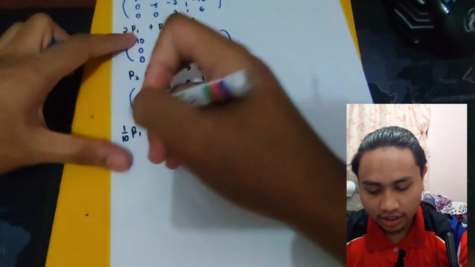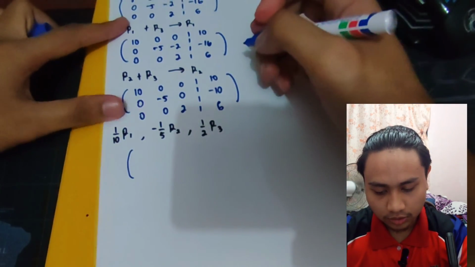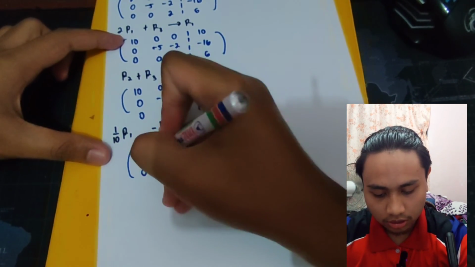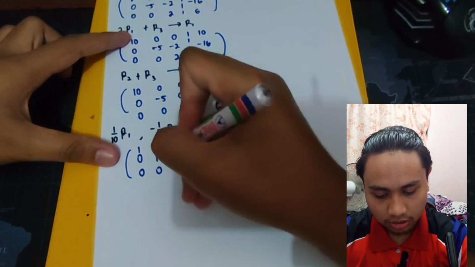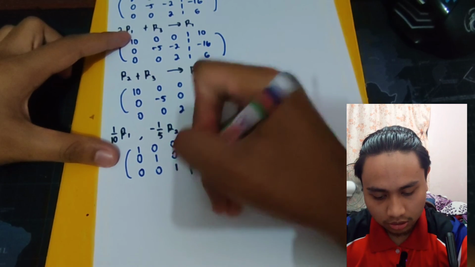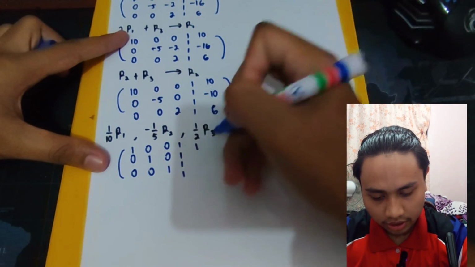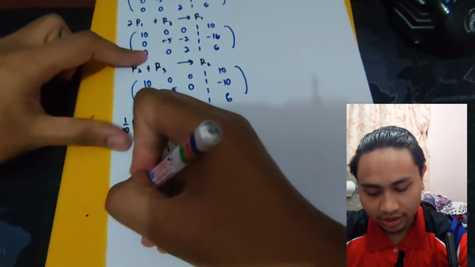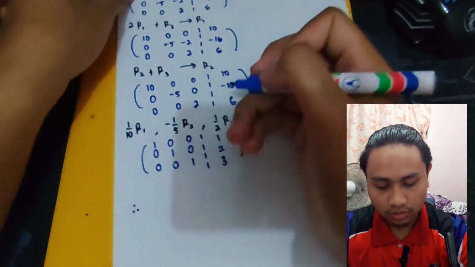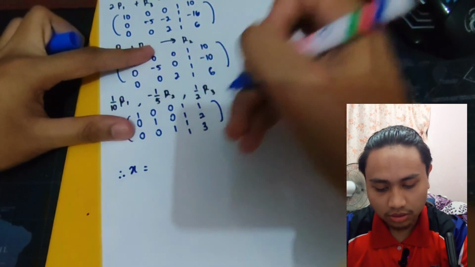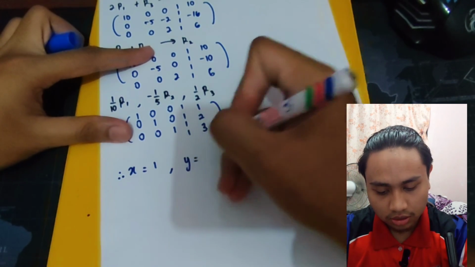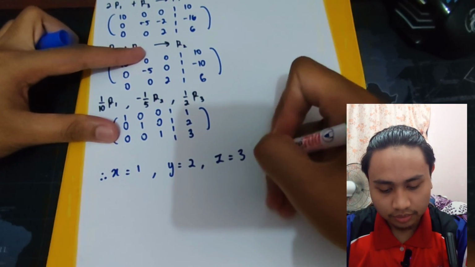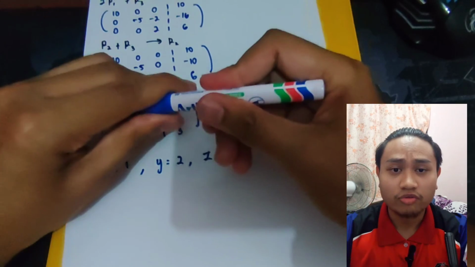And what we get here is 1 0 0, 0 1 0, 0 0 1, and here becomes 1, here becomes 2, and here 3. So the answer is x is 1, y is 2, and z is 3. That's all for me. Thank you.